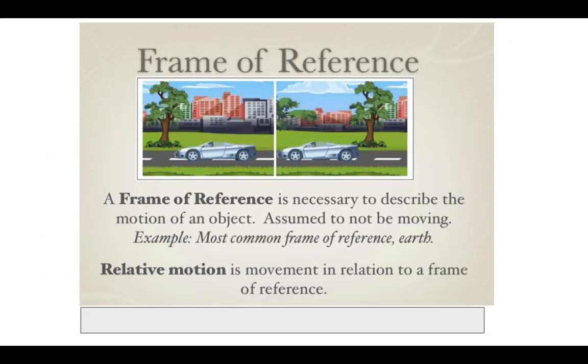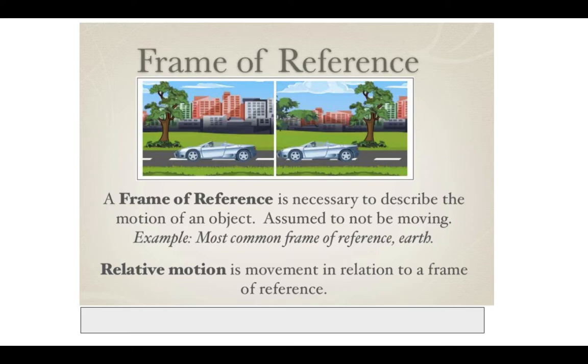When we talk about moving objects, we talk about the motion relative to things standing still. We need some sort of frame of reference in terms of taking the context of that. You can make the argument that, well, here we are on planet Earth, which is zooming around the sun, and we're spinning around in the process as well.